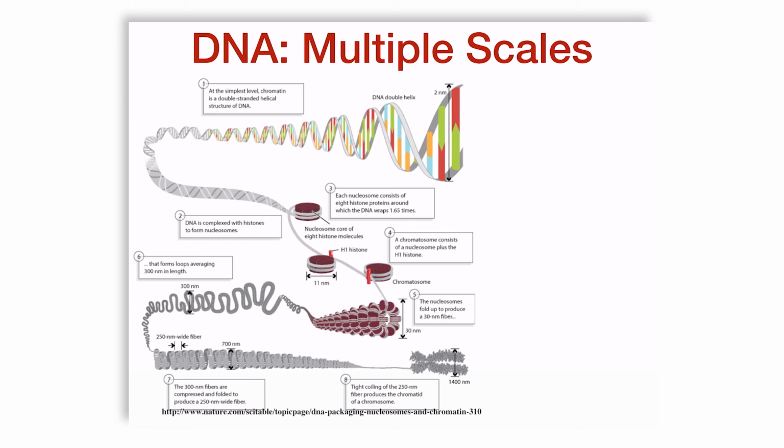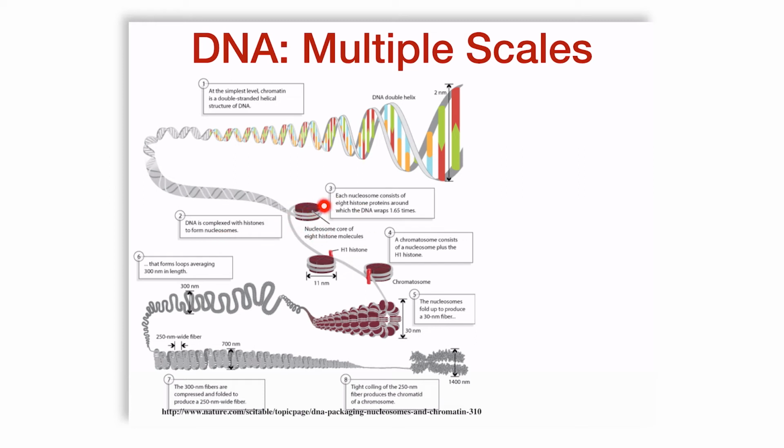So DNA, in fact, especially in eukaryotic cells, is considered to be organized at multiple scales. We are familiar with the 2 nanometer diameter and 0.34 nanometer rise per base pair DNA helix, B form. And at its simplest level, it is this that forms the chromosomes, even in human beings. But it's not available just as naked DNA, right? It is organized around nucleosomes. These nucleosomes form a core of 8 histone molecules, around which the DNA is wrapped.